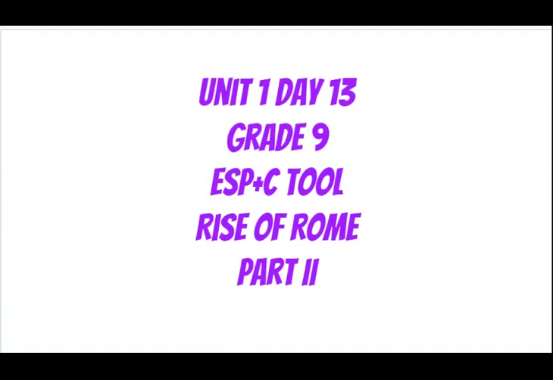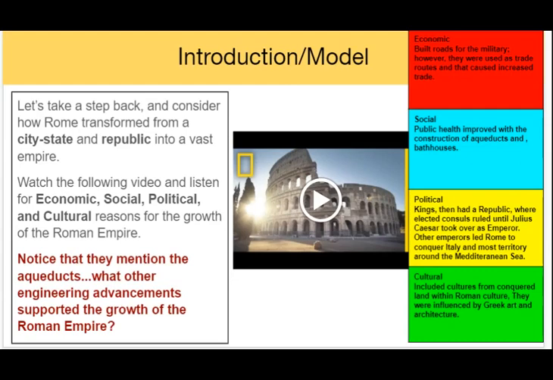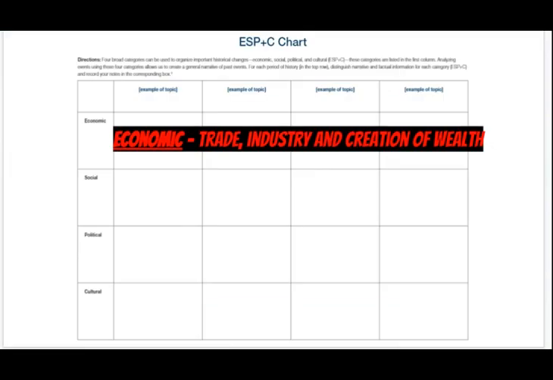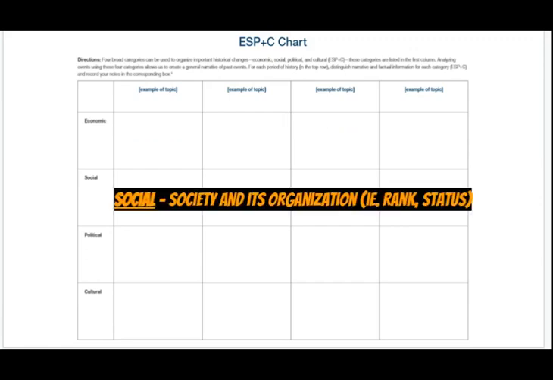We're going to take a further look at the ESPC tool and the rise of Rome. Last time we took apart the introduction to Rome. We were looking at advancement that supported the growth of the Roman Empire, what led to the growth of the Roman Empire, and we looked at economic. Remember, that involves trade, industry, creation of wealth, things that led to the rise of the Roman Empire.